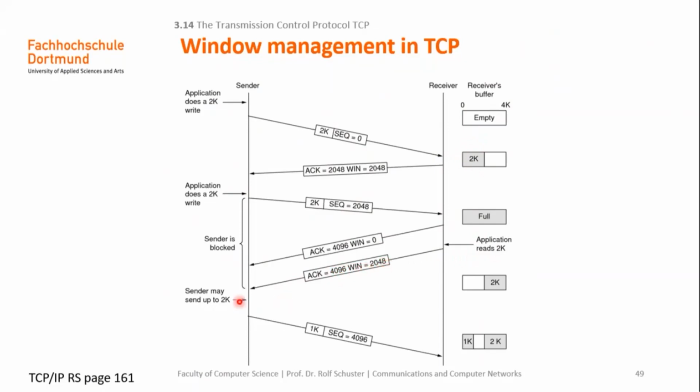Then, in responding to this segment, the transmitter sends additional data, for instance 1K bytes, starting at sequence number 4K.